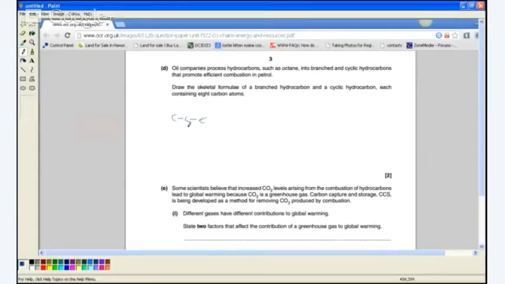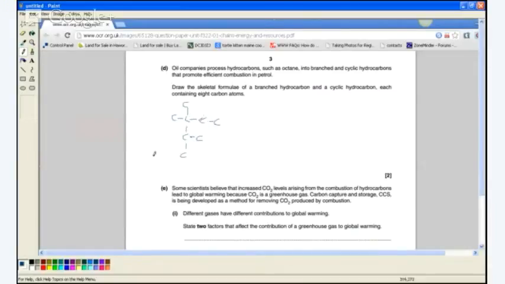Ooh, so I'll do it now. Why not? 4, 5, 6, 7. Let's put one here. 8. And there you go. Why I felt that, I don't know. I just felt like it.